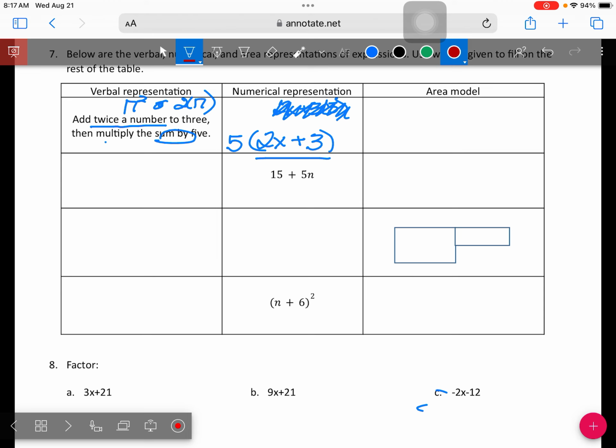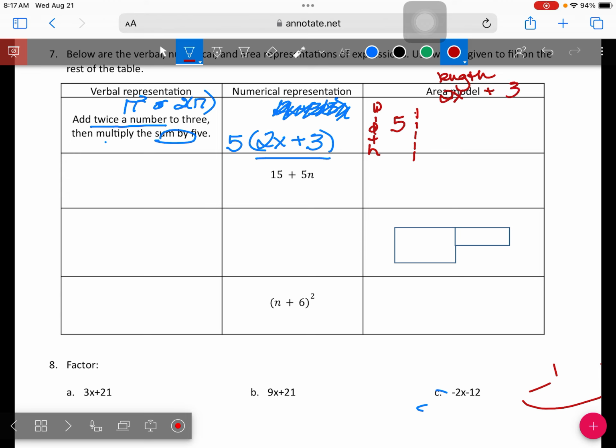Okay, what is the width of my rectangle over here? What's the width? 5, yes. So this is 5. 1, 2, 3, 4, 5. And you don't have to exactly do it like this. On the top, what do I have? My length. And the length is 2x plus 3.